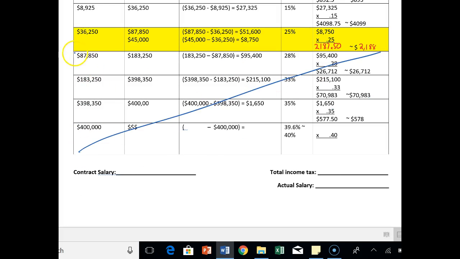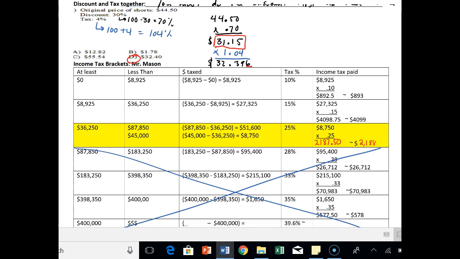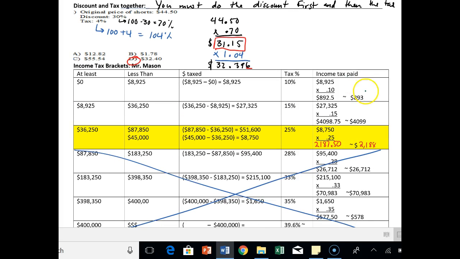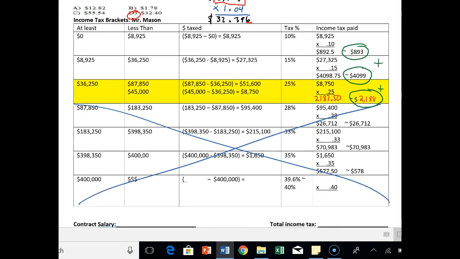Now notice all this right here, I could go ahead and cross off because it does not apply to my tax situation, because I'm not making more than $45,000, right? If I was making more than $45,000, then I would have to continue to go through each tax bracket. So when I ask myself, how much do I pay in taxes? I'm simply going to add $893 plus $4,099 plus $2,188.